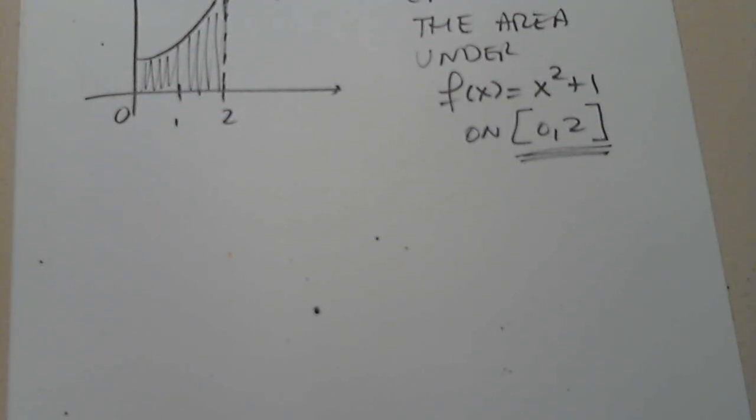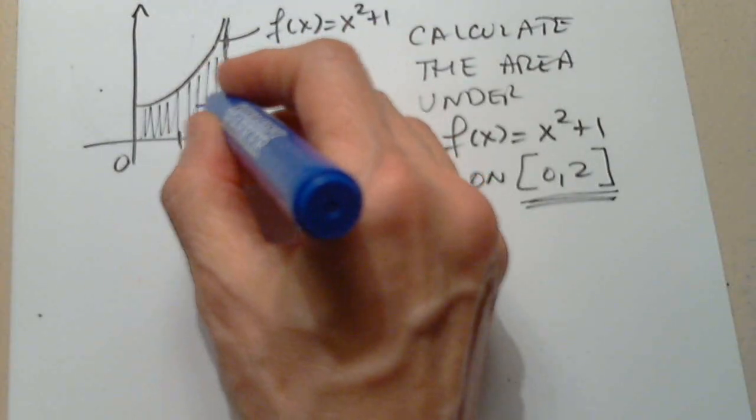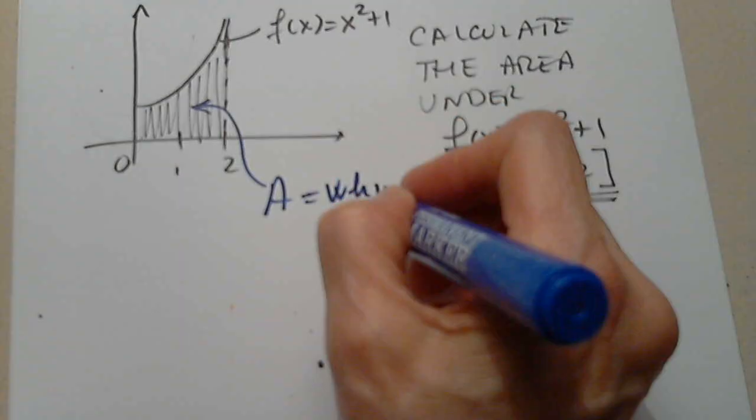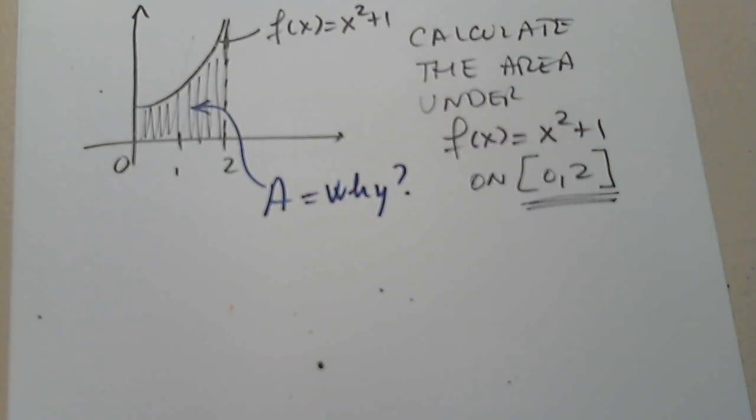And I stopped last time asking myself, so to speak, why on earth? Why? Who cares? Why would I even think of determining the area under a graph? Here's the answer.